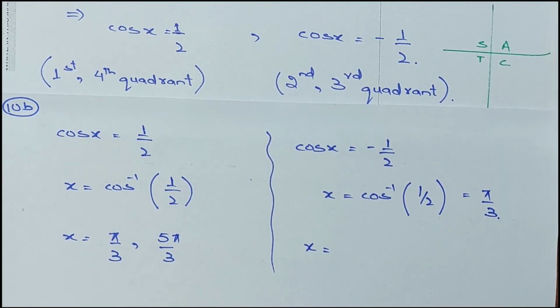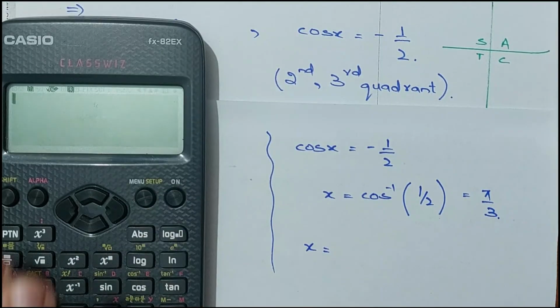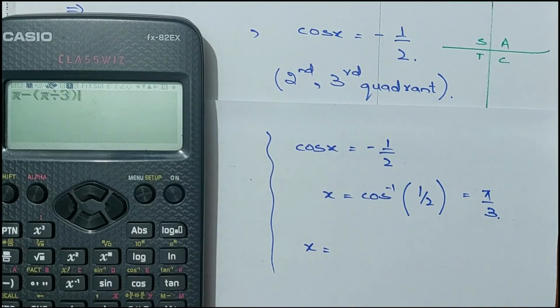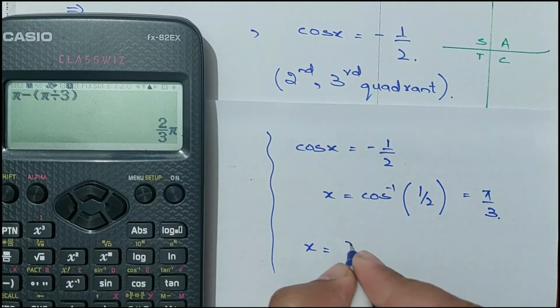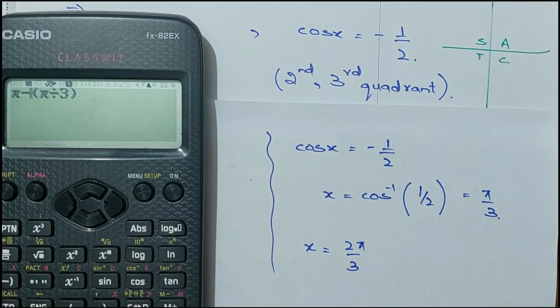For the second quadrant, we have the operation pi minus theta and the next is pi plus theta. So pi minus pi by 3 and pi plus pi by 3, right? So we have pi minus pi by 3, which is 2 pi by 3, and the other one is pi plus pi by 3, which is 4 pi by 3.